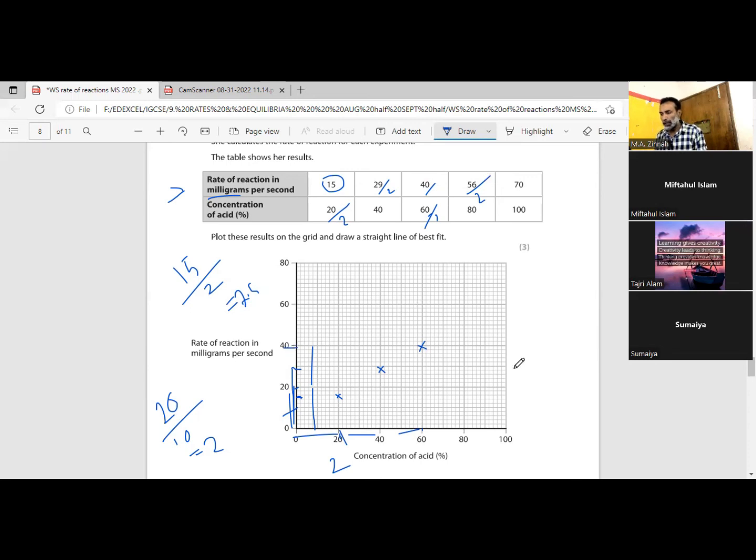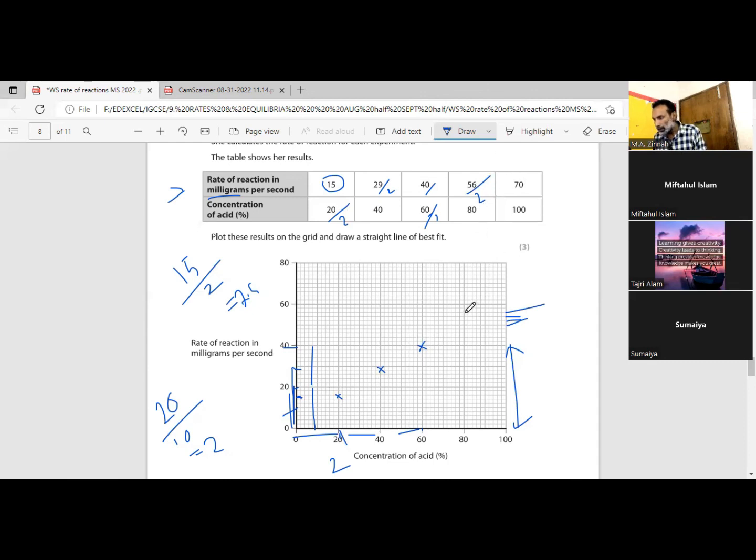Certainly this is up to 20. This height is 20, right? Then 28 is here, after 25, 26, 27, 28. There is 28, and here there is 80, direct 80.